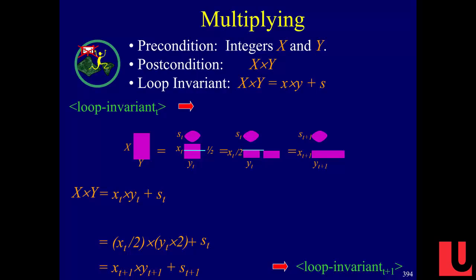No. I want these to be integers. So if they're integers, when I divide by 2, it's divided by 2 round down. So this only works when x is even. So that was good. And now we have to think, what do we do now?